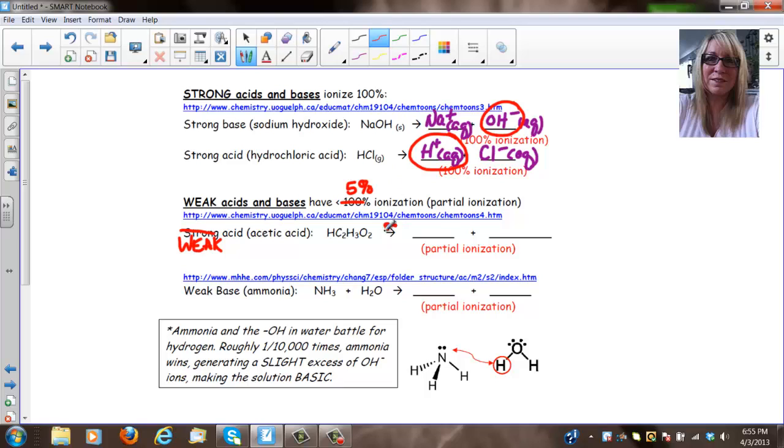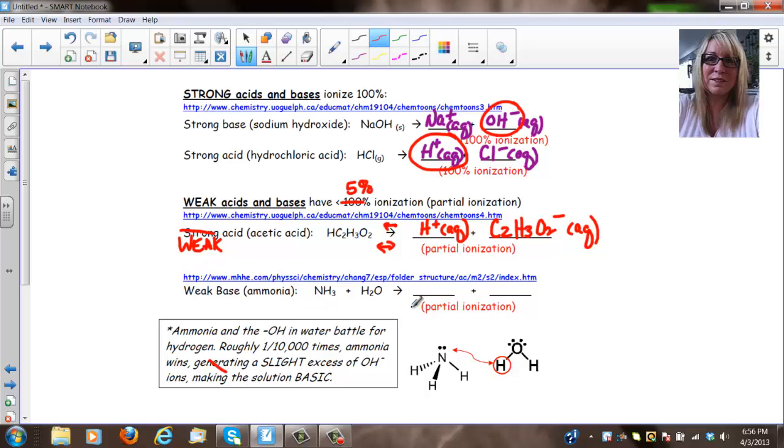So you can either do this or this, whatever's easier, but it's a double arrow because very little of it ionizes. Notice we have one arrow to the right here because it's 100% ionization. It's going to go one way. All of the NaOH, all of the HCl are going to completely separate into individual ions. Where here you have H plus aqueous and you have C2H3O2 minus aqueous, but this reaction goes back and forth between the ions and the acid.